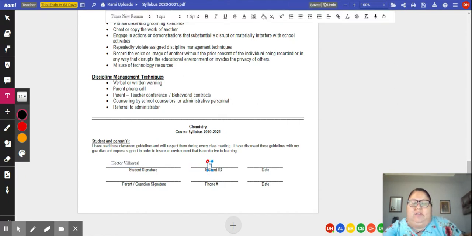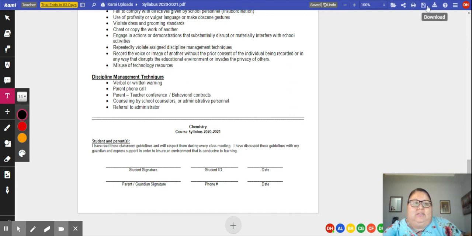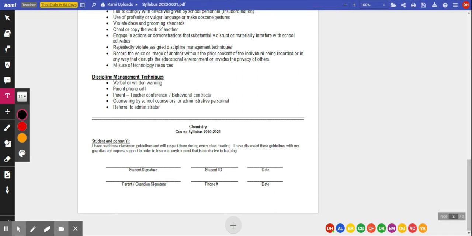And if you want to erase something, you see that red X, click on it. Okay, save it. You see how it has the save or the download? I would download it to your computer or save it in your Google Drive. Either way, just save it or download it, and then you're going to post it in the assignment. Okay? And that's going to be Kami. It's really, really helpful.